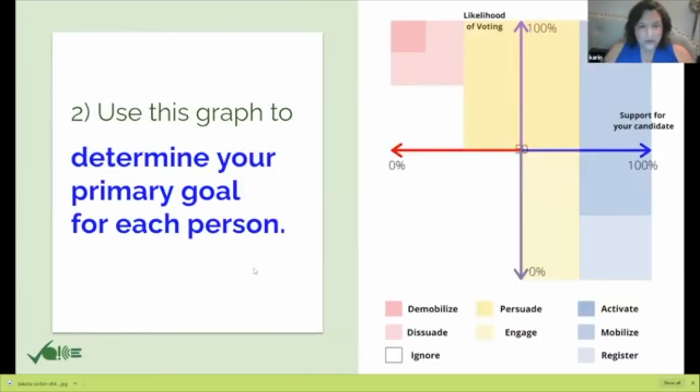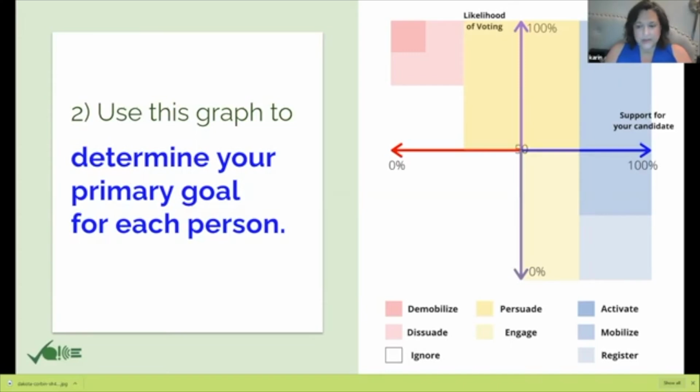Once you've plotted your graph, the next step is to compare it using this legend. And what the different colors on this graph represent are the different goals you are going to pursue with voters in different areas.